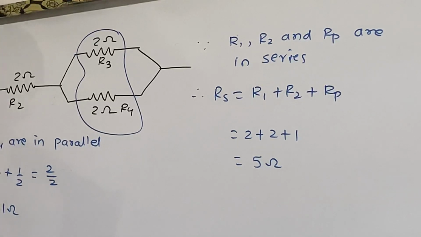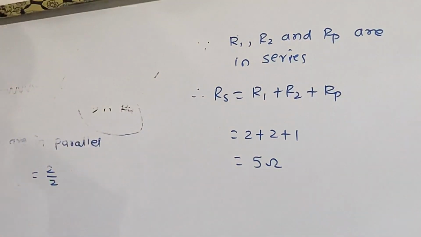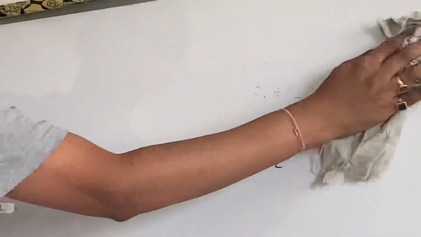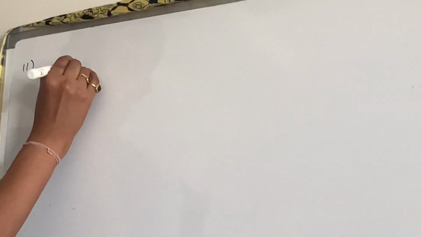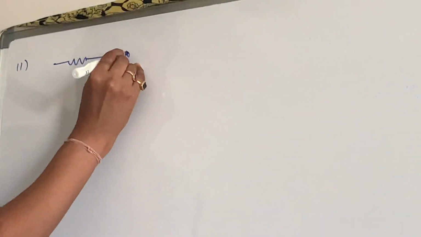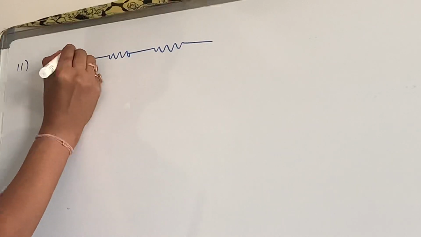Now we'll go with the 11th. Check what is given in the 11th. A combination consists of 3 resistors in series. There are 3 resistors. Each is of 2 ohm.